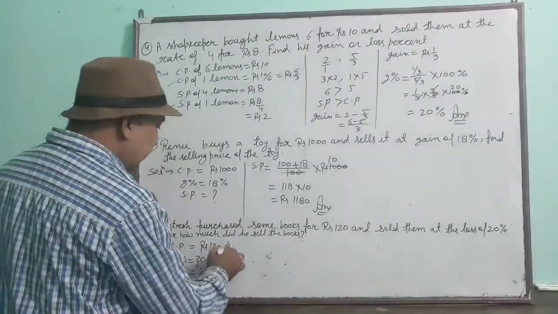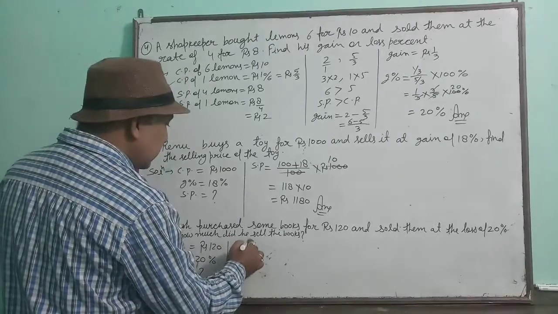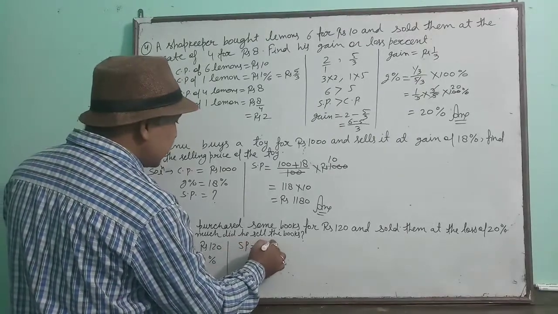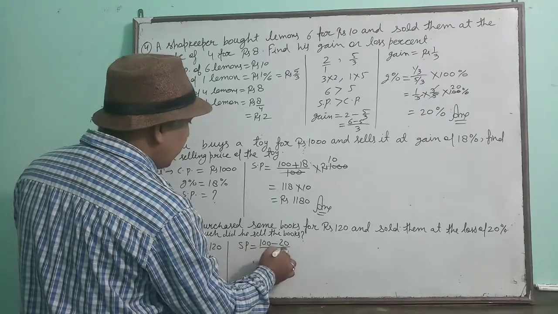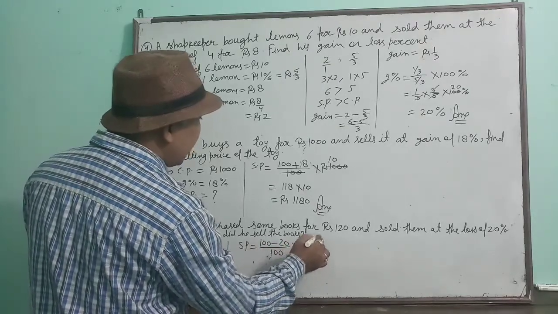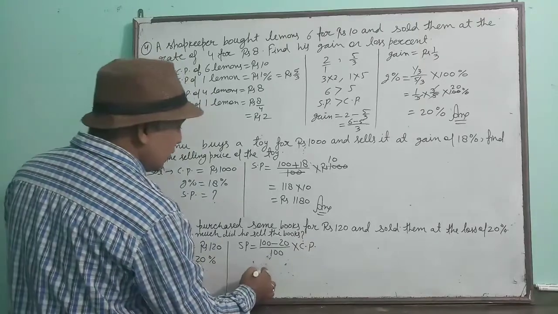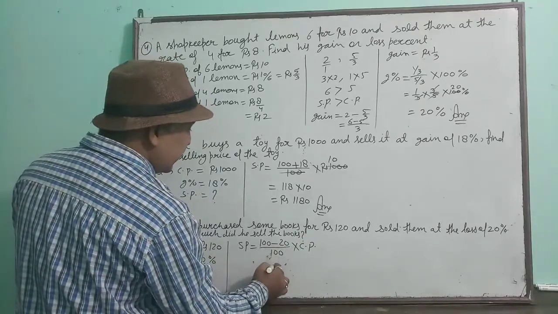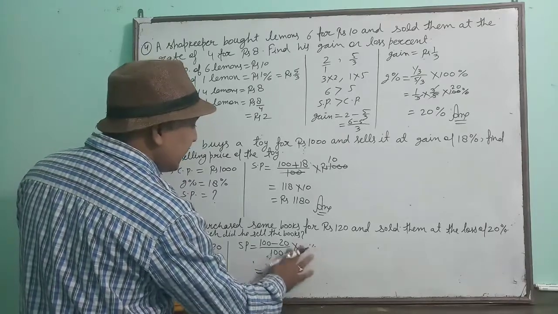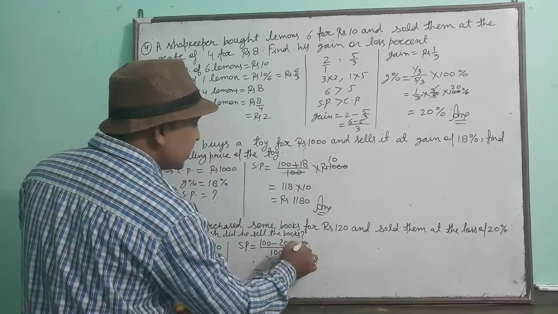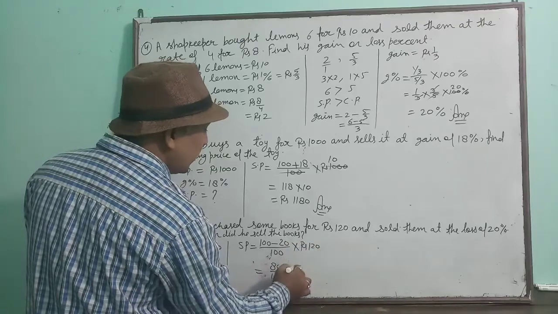Okay, so apply the formula and calculate it. Selling price is equal to 100 minus loss percent upon 100 multiplied by cost price. So 100 minus 20 is 80 upon 100 multiplied by cost price, which is given rupees 120.